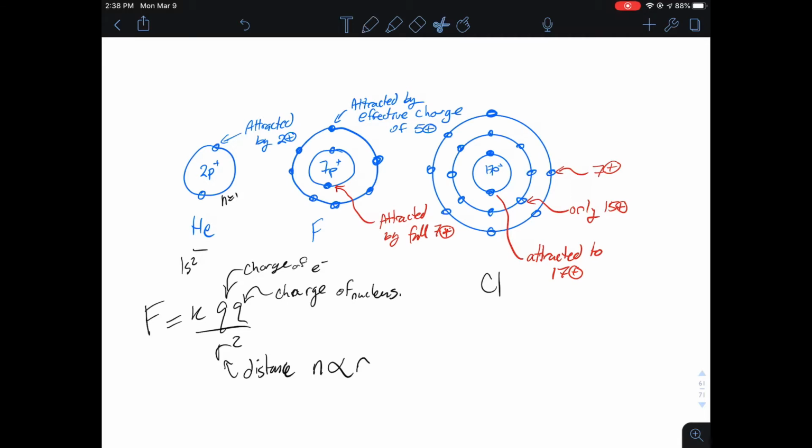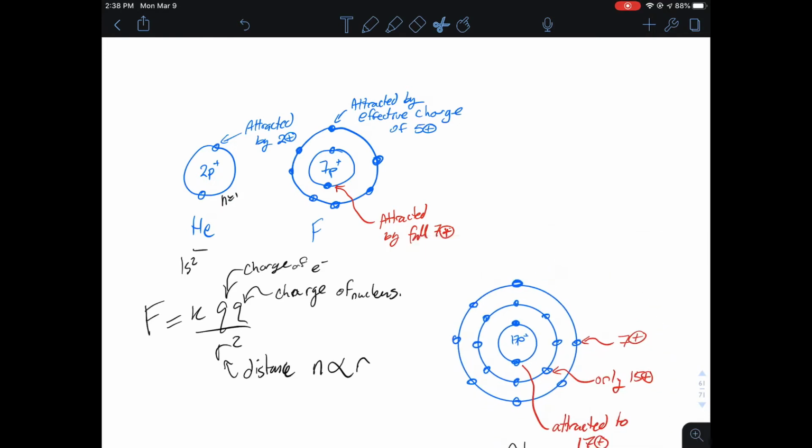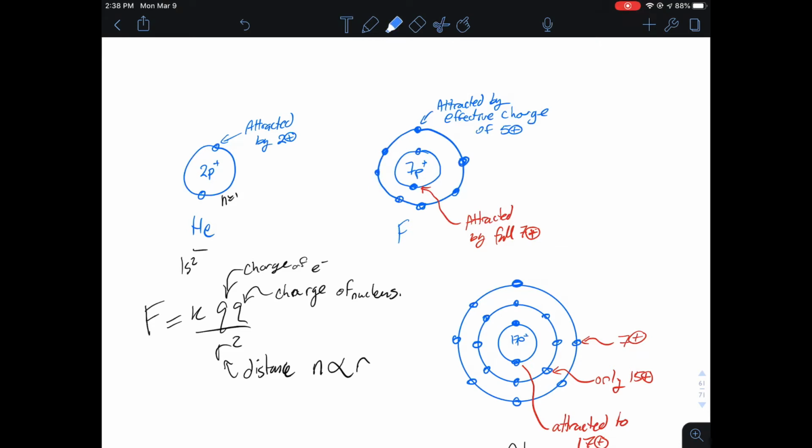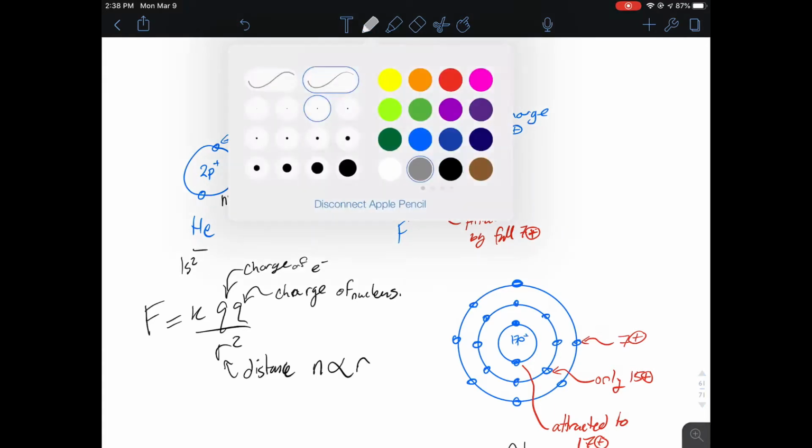Now, when you move to a larger element like fluorine, maybe I'm just going to move this chlorine out of the way so I can talk about fluorine. So when we talk about fluorine here, the two electrons in this first shell are attracted to the nucleus, just like the ones in the helium are.